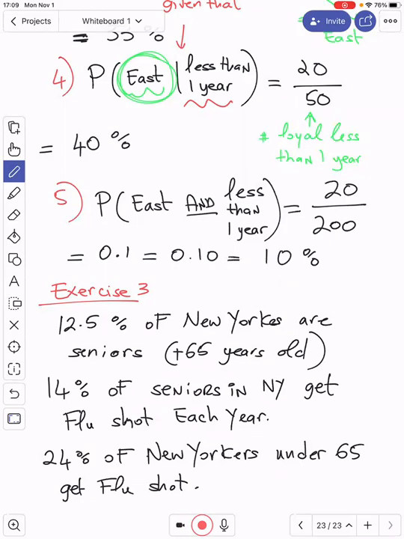So they're plus 65 years old. Among the seniors in New York, only 14% actually get a flu shot each year. All right, and among those under 65, we have 24% who get a flu shot.